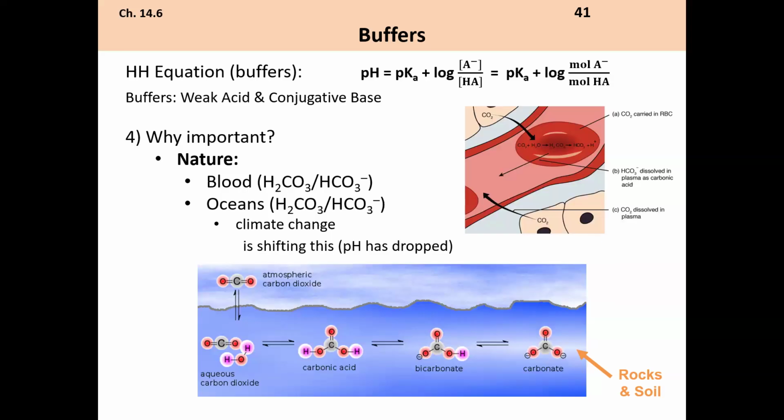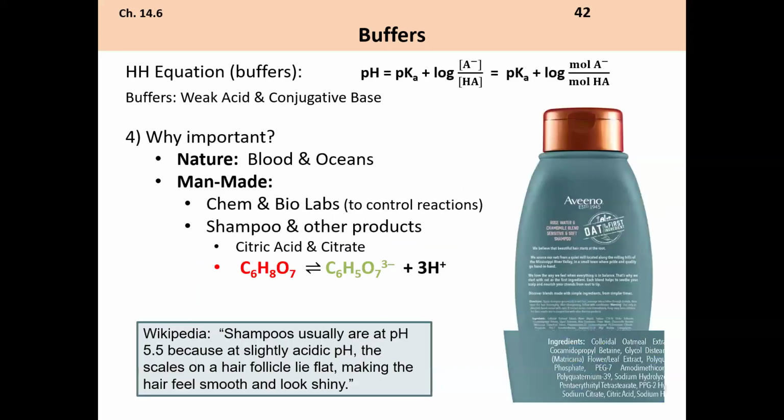And then finally, why is it important? Well, in lab, you use buffers, and also in a lot of things you buy. On shampoo ads, they say it's pH balanced. It's pH balanced to be at a pH that is good for our hair. Shampoos usually are at pH 5.5.